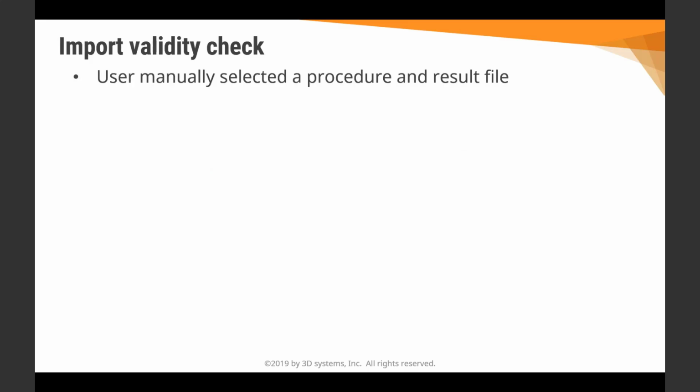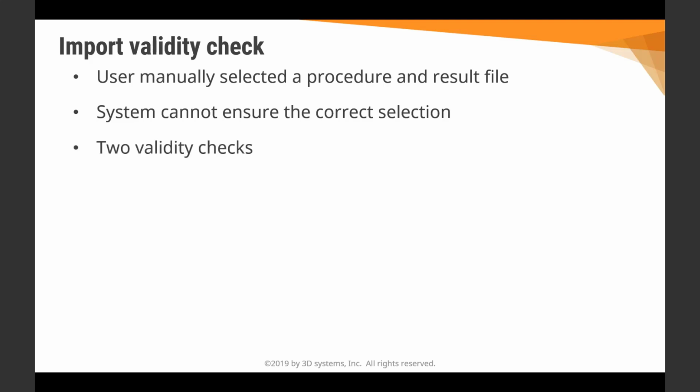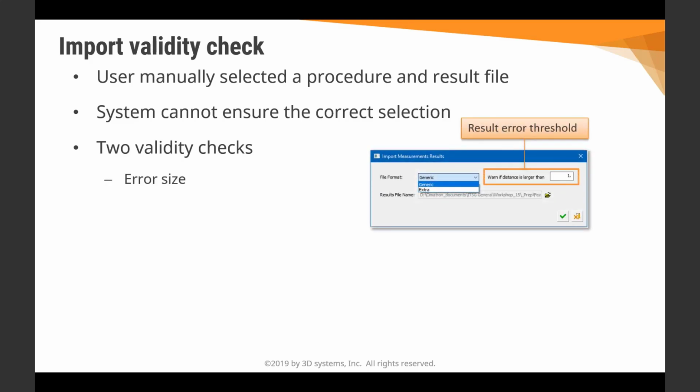Okay, so the user has manually selected a procedure and a results file. The system cannot really ensure that his selection was correct. We do run two validity checks. The first one is error size. In the import measurement result dialog, there is a place to specify an error threshold value.